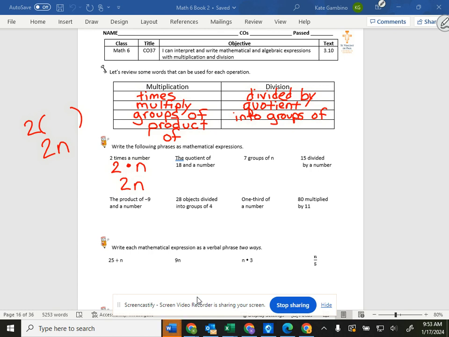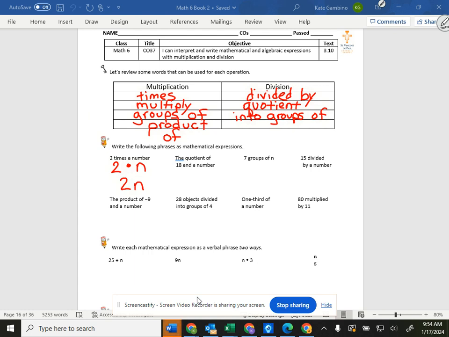Just know that we are going to start seeing things without the multiplication symbol, like with the parentheses and the variables. It means that we multiply it. So it's 2 times n, even though there's not the multiplication symbol there. So either answer will be correct.